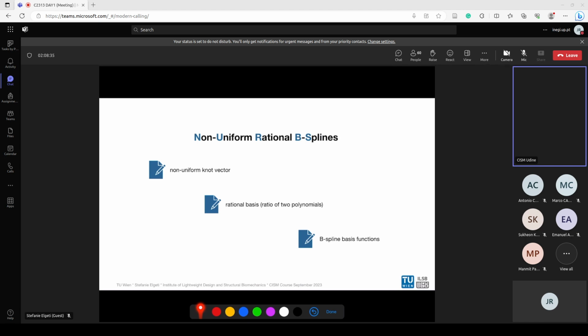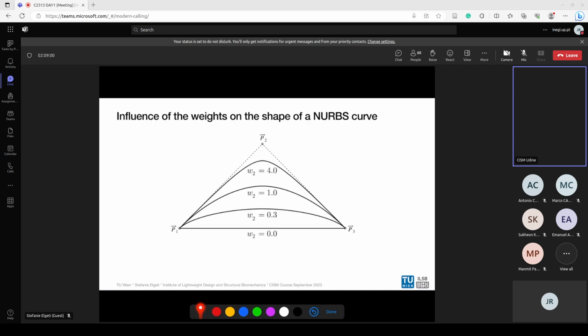Remember with the B-splines, I told you about the knots, which are the breakpoints that tell us where the constant basis functions are defined. In our example that we saw previously, that was equally spaced, but it doesn't have to be equally spaced. This is why it's called non-uniform. So this is how the name non-uniform rational B-splines comes about. Or in short, NURBS.